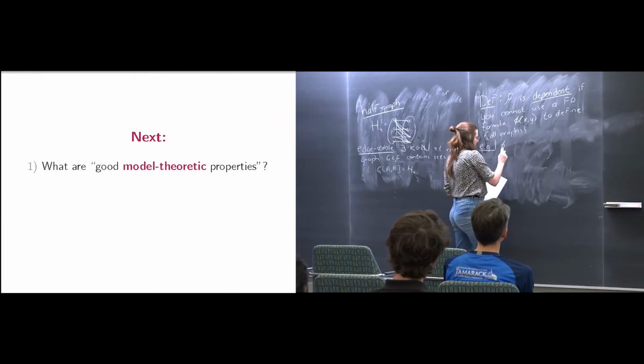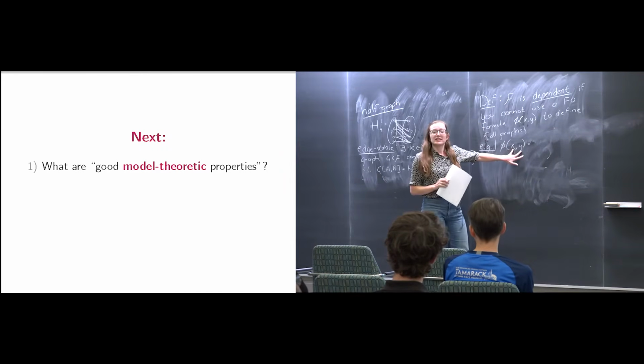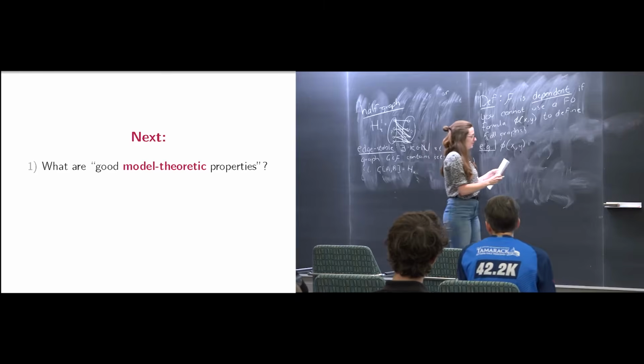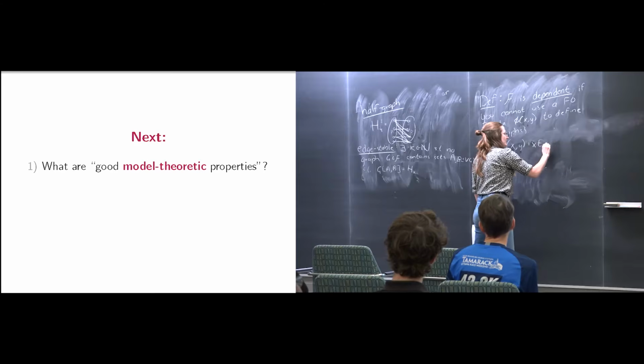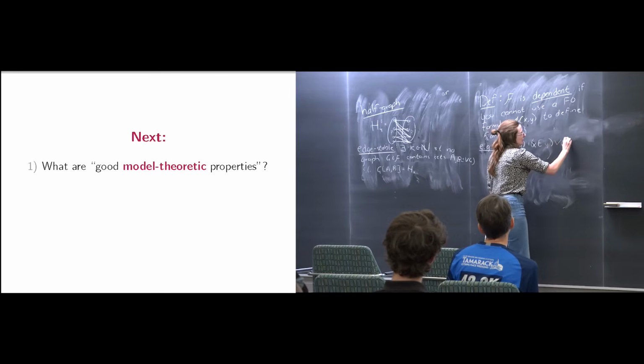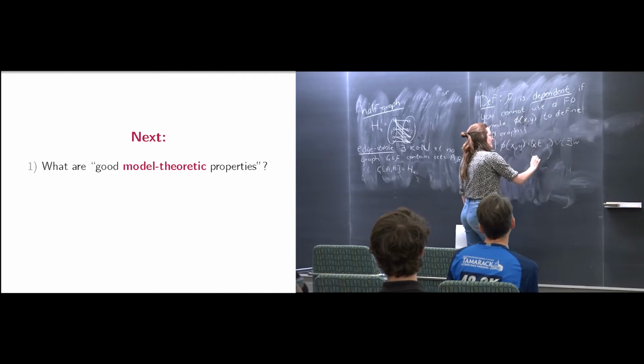So I can look at, for instance, the formula that says these vertices x and y are either adjacent or there exists a vertex w which is adjacent to both of them.